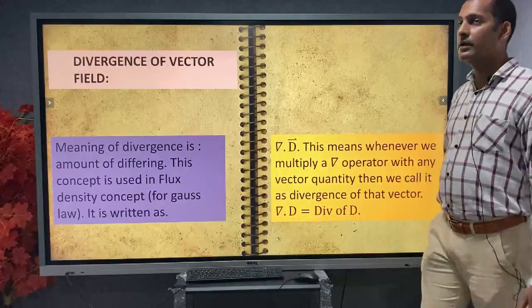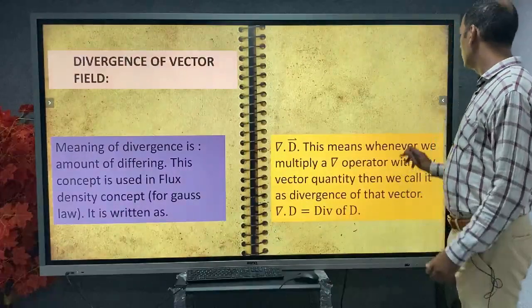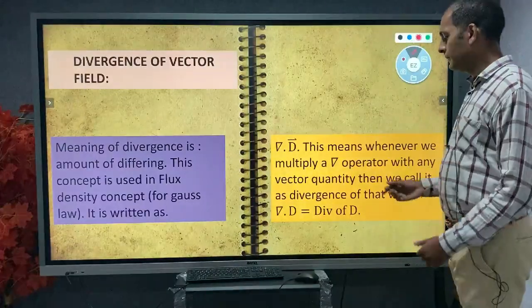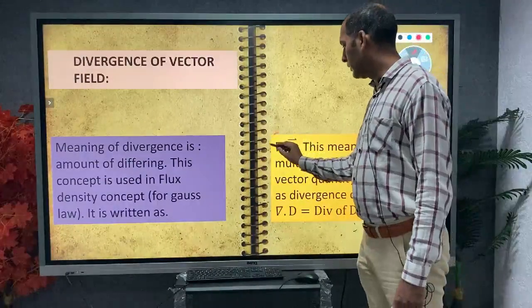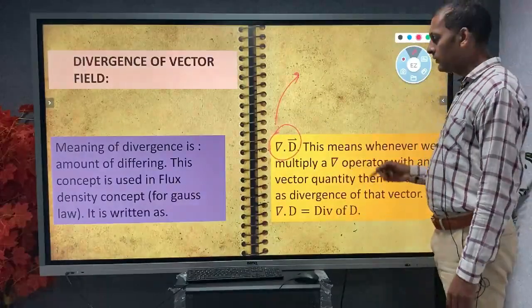The next one is divergence of a vector field. Divergence means we take the dot product of any vector along with del. So this is del dot D. How will we represent del dot D in full form?